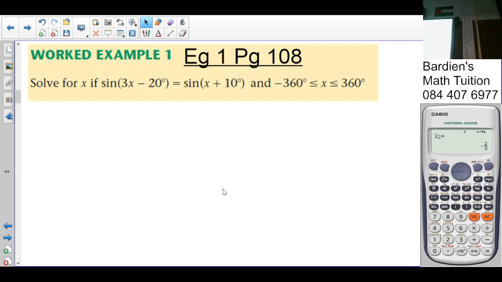Okay, I see sine is on either side. So what can happen is you can drop the sines on either side.